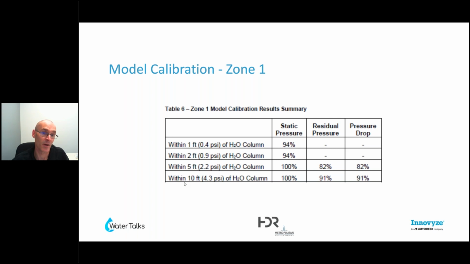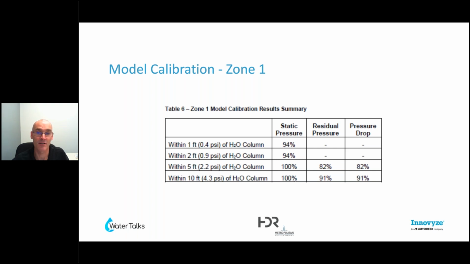This is the AWWA standard: within 10 feet of HGL is in that acceptable range, 5 feet is desirable, and then moving down, 2 and 1. At the planning level, we wouldn't expect much to be down in the 2 foot or 1 foot range, especially with some of the challenges.